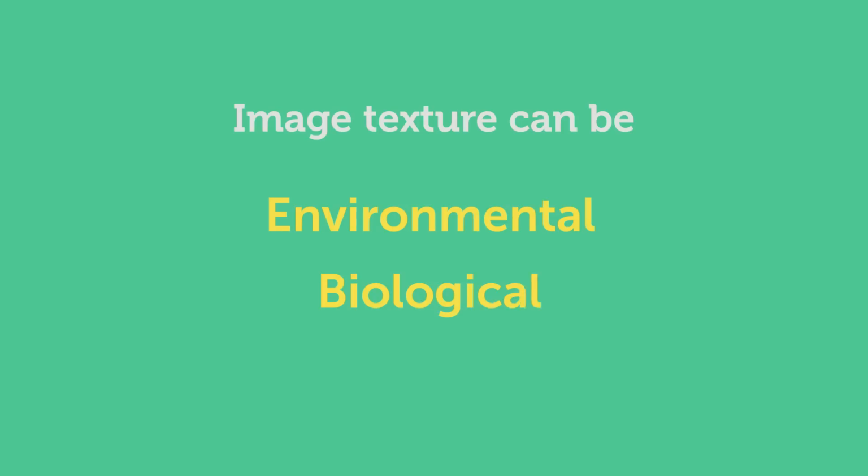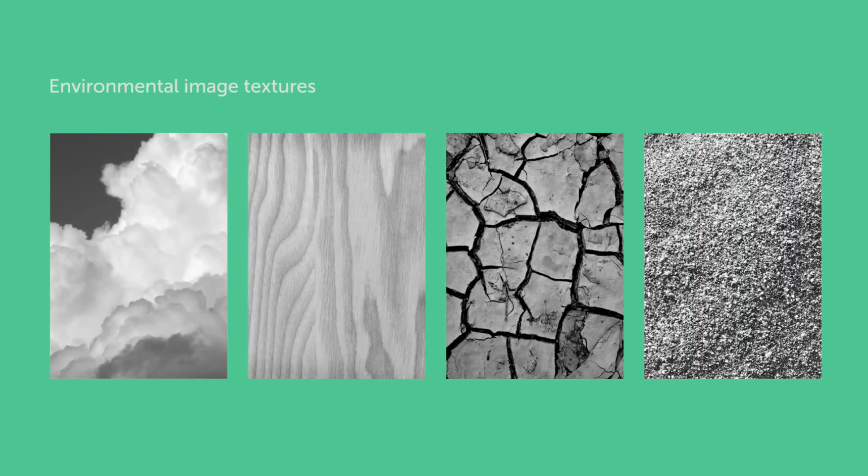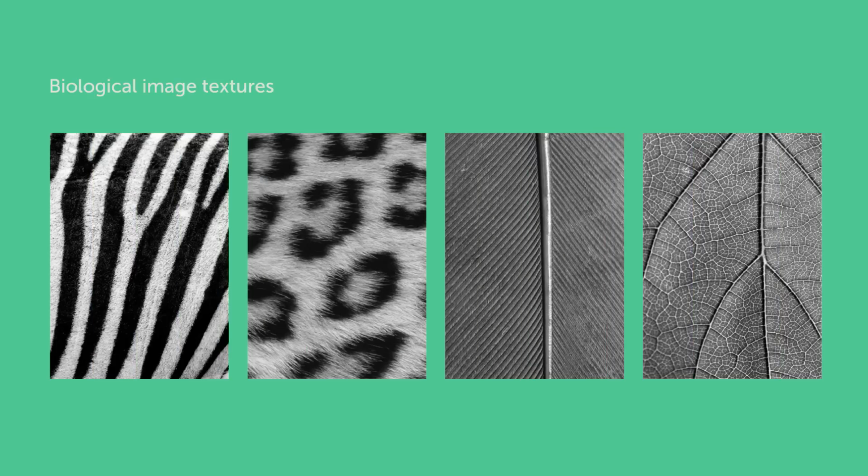Now image texture can be environmental, biological or man-made. Here are some examples in the PDF of image texture. Environmental texture can be wood, grain, sand, water, stone, to the stars in the sky. Biological texture can be skin, fur, feathers and animal prints.